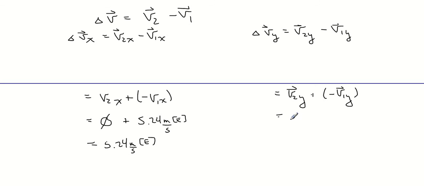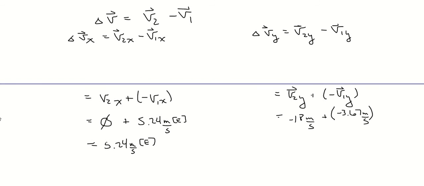So we need 18 meters per second, which is actually a negative value because it's south, negative 18 meters per second, plus bracket negative 3.67 meters per second.